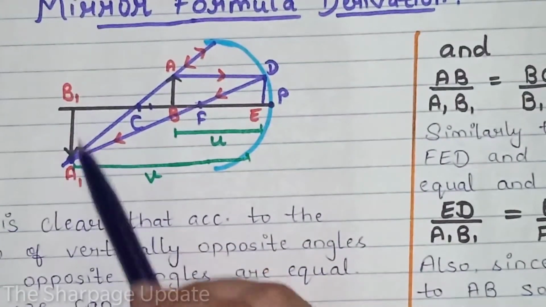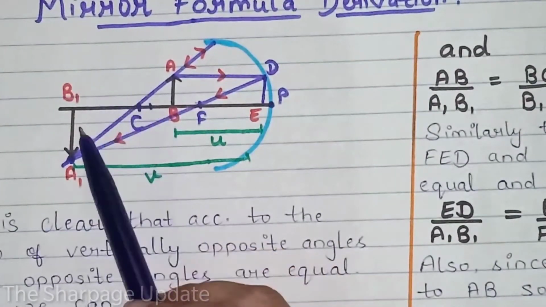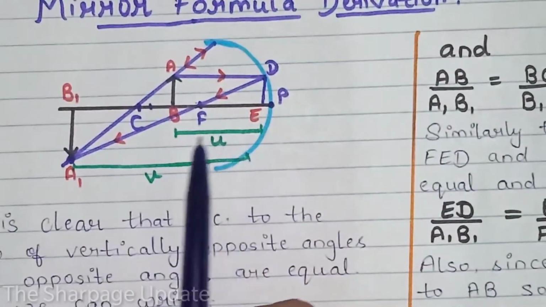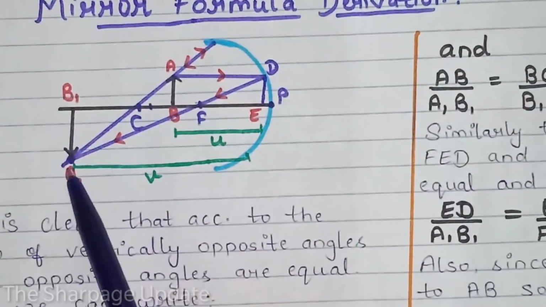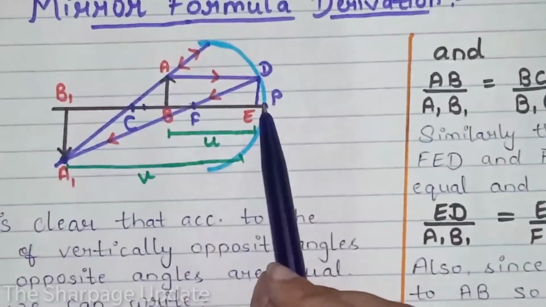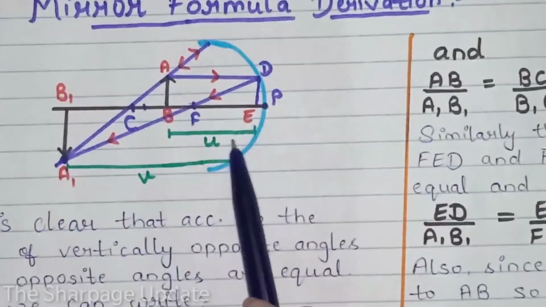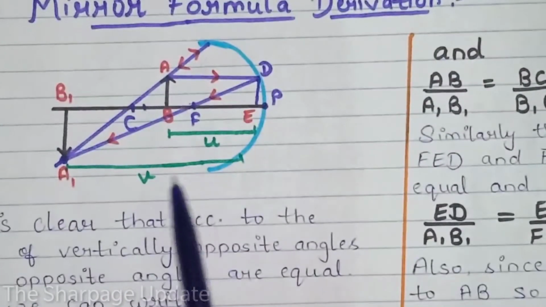So we name the image A1 and B1. The image is formed in front of the mirror, so the image is real and inverted. Now we have taken the object distance as U and the image distance from the pole as V.